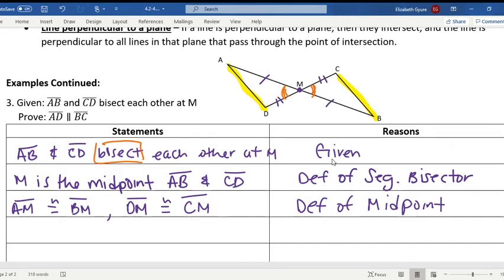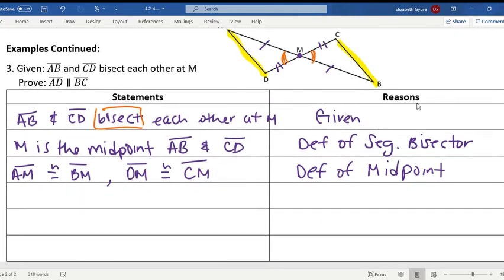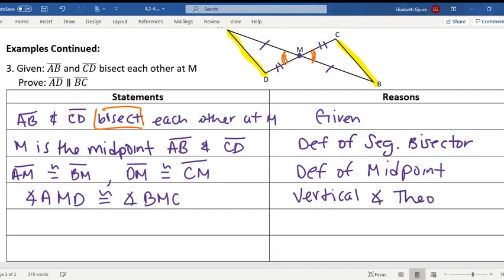Like when I pre-give you a picture, sometimes they're labeled with numbers. You're welcome to do that. You just have to make sure you draw it in the picture so I can see what's what. But since we already have a lot going on here, I'm just going to say that angle AMD is congruent to angle BMC. What reason would that be? Julia? Yes, very good. Vertical angle theorem.